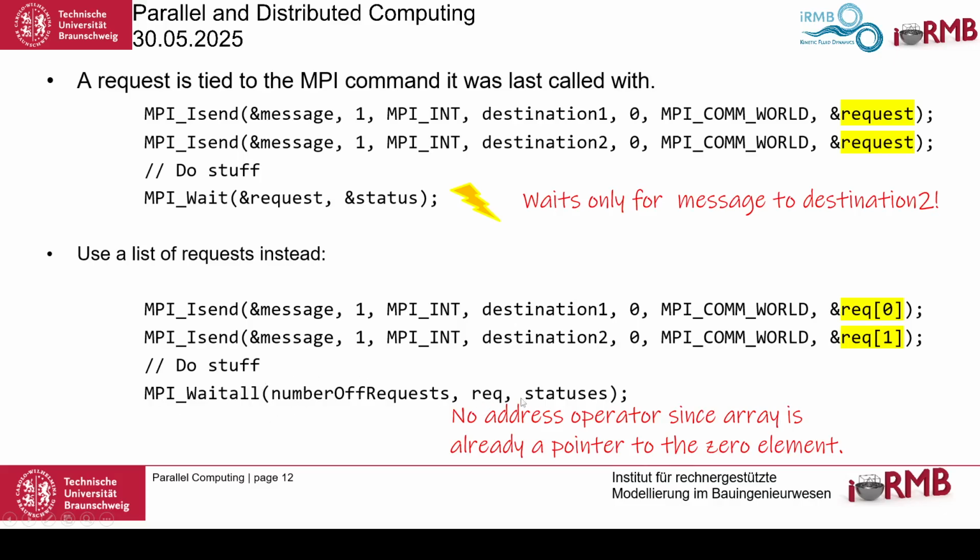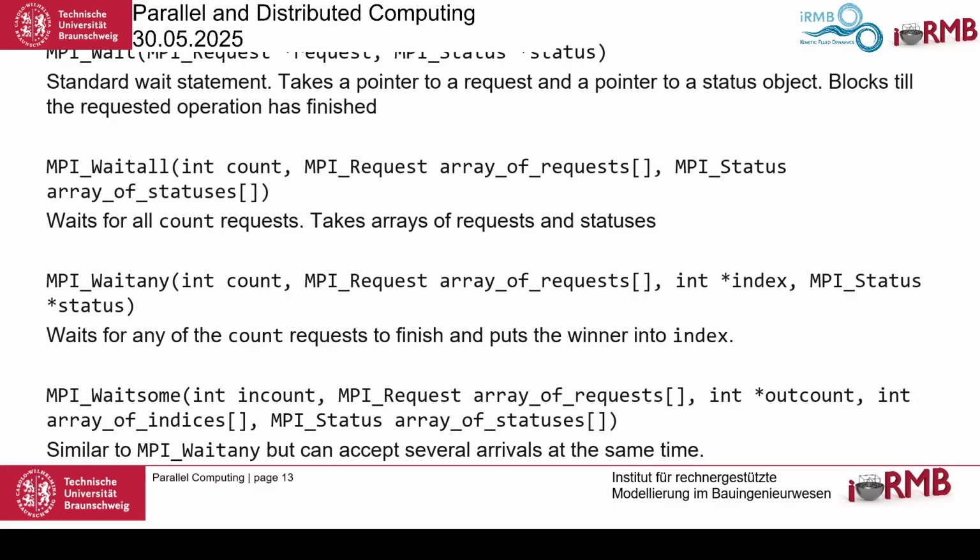So this wait all takes a list of these requests together with the number of requests that are in the list. This you have to specify, because this array here is of course a pointer to an array, where you explicitly have to specify how many are contained.